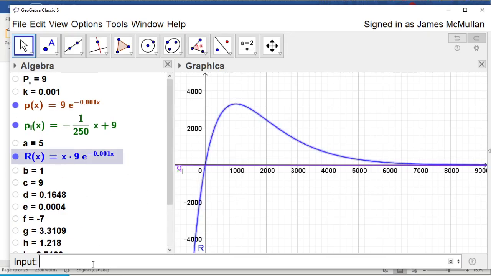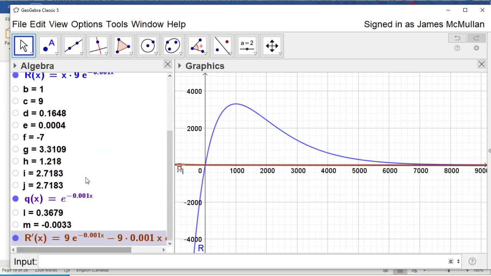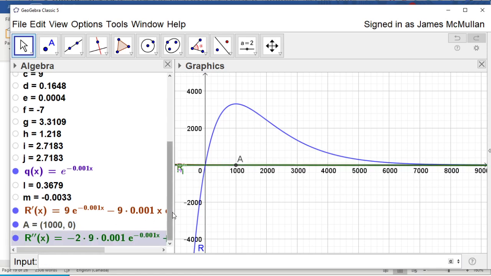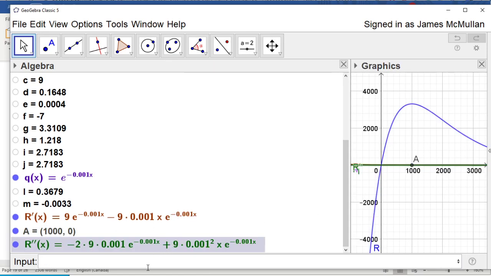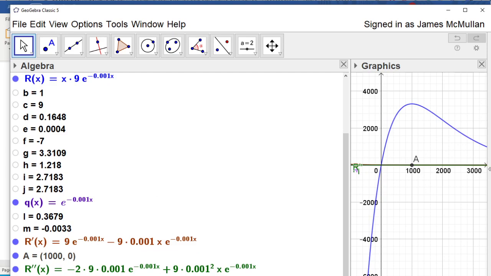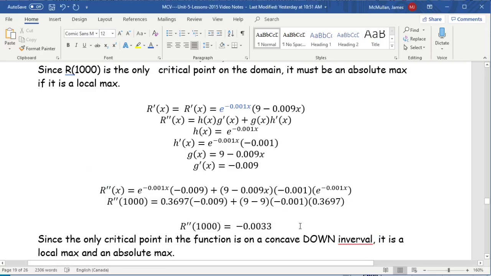The root of r prime is 1000, very good. The derivative of r prime is this thing, the derivative we just got. And r double prime of 1000 is negative 0.0033, like we said. So we've proven that it's concave down at that point, and it's the only critical point. Therefore, it must be an absolute max.